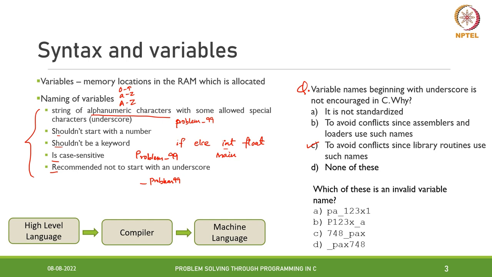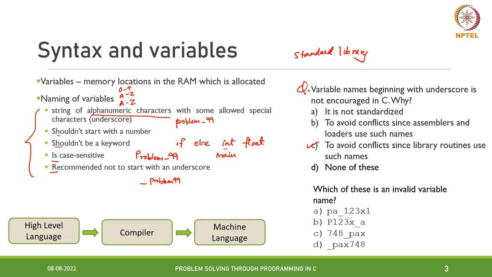There are a lot of different libraries. In C there is a standard library, and many predefined functions and templates are available in this library, a lot of library routines, as they call them.